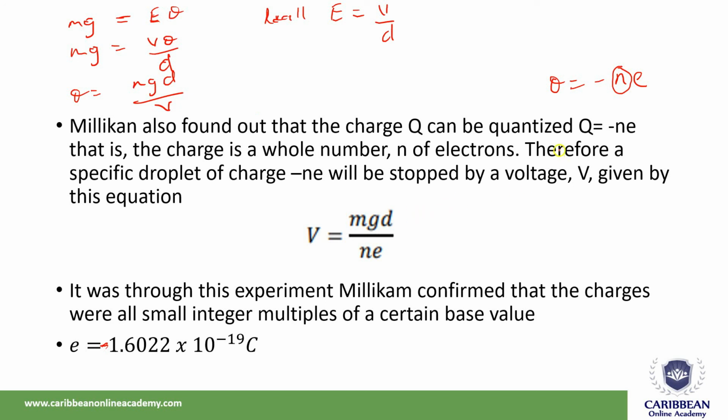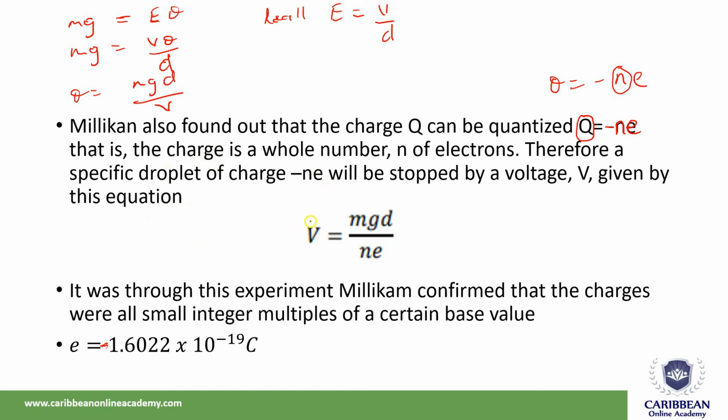And for that reason, the charge Q is equal to minus N times E. So if the charge is equal to that, we can actually find the amount of charge, or the number of electrons that was present, if we wanted to do that. Okay? So this experiment was really used to confirm that.